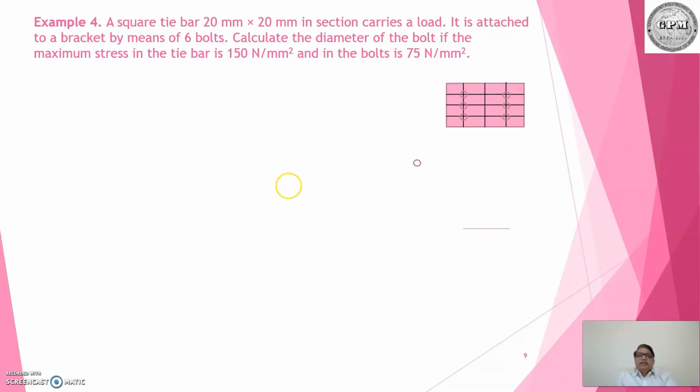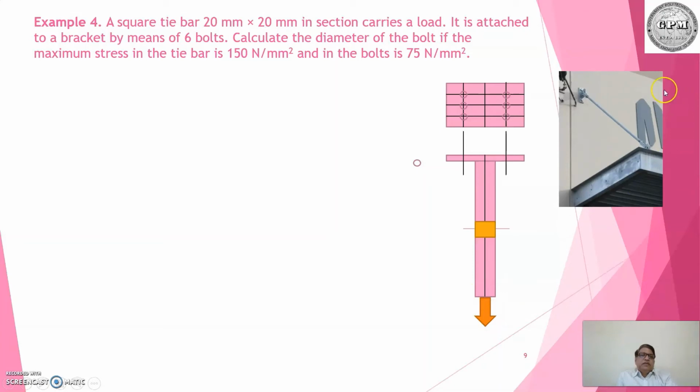So let us say this is a bracket portion in the top view. I am showing you this bracket, which is the supporting bracket to this tie rod, where the force is applied. This force is split in 2 parts.